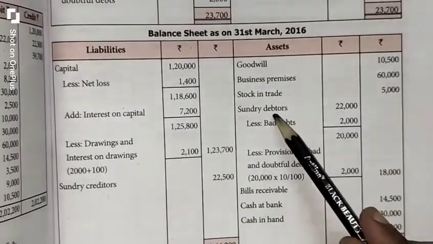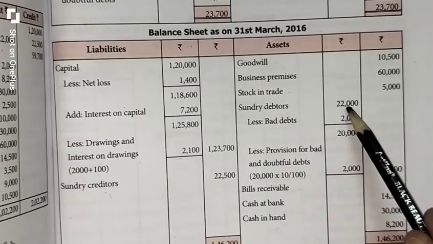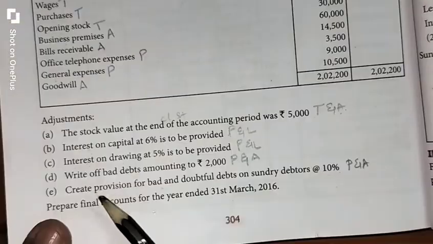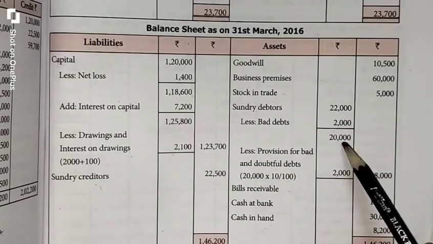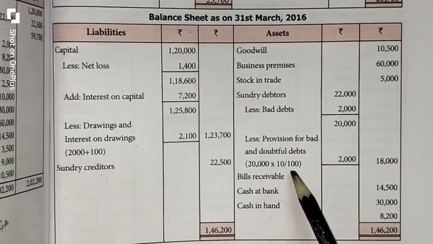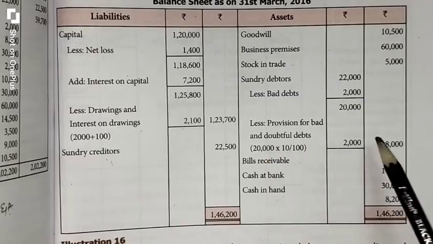Then sundry debtors, we have a calculation with the sundry debtors, so we enter in the inner amount column 22,000 and less bad debts. They have given bad debts 2,000 rupees. We have to subtract it from the sundry debtors. We get 20,000. From the 20,000 we have to subtract 10% provision for bad and doubtful debts, 2,000.